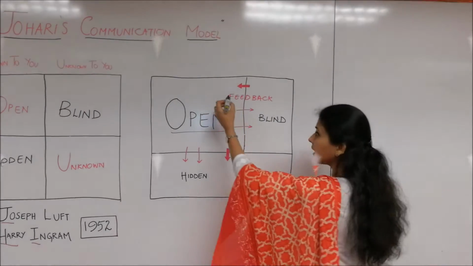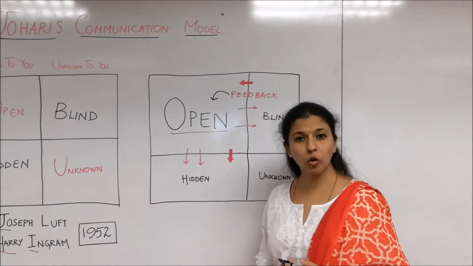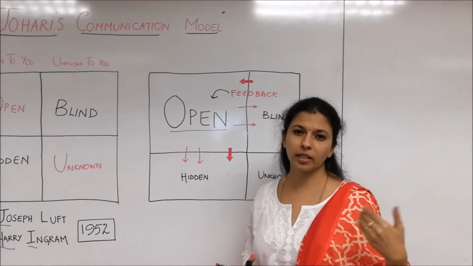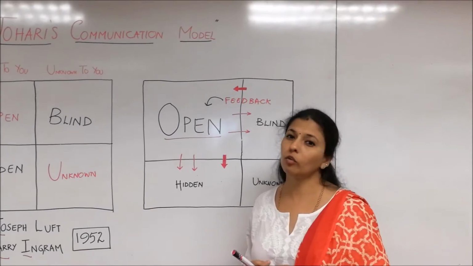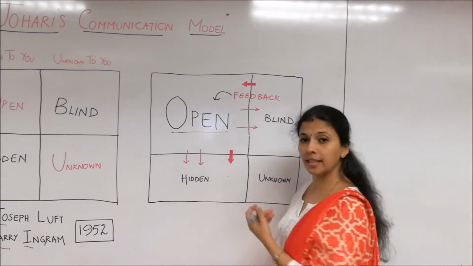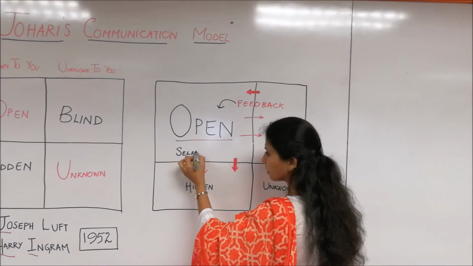By asking for feedback and receiving the feedback, we will get to know those areas which are unknown to us, and maybe if needed, we can rectify them and reduce the size of the blind area. Now, how do we minimize the hidden area and increase the open area? It is by self-disclosure.